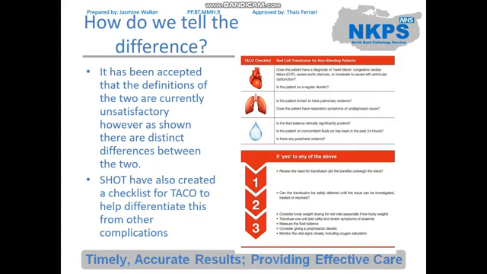However, it has been accepted that the definitions of the two are currently unsatisfactory. So SHOT have also created a checklist for TACO to help differentiate this from other complications, and I've got a picture of that checklist on this slide. So it's just good to have a look at it and see how that would relate to your patients.